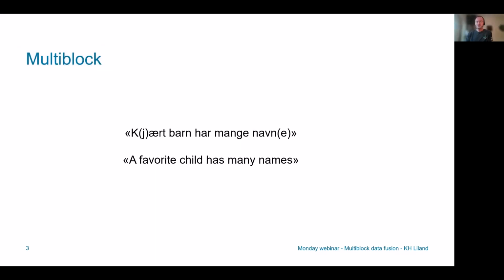In some fields you might find that some of these names are more specified than I will use. I will just talk about multiblock in general as anything that has more than 2 blocks of data connected together. So the Norwegian or Danish expression "kjært barn har mange navn," or in English, "a favorite child has many names." That goes for a lot of methods in chemometrics and statistics.